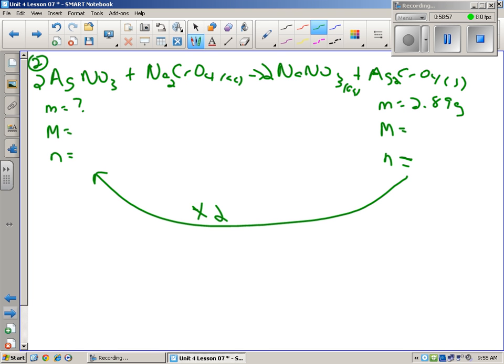Once again, they tell you in the question that it reacts with excess sodium chromate. So basically what they're saying is that's the excess, and by default this is your limiting reactant here. So this depended on that right there.